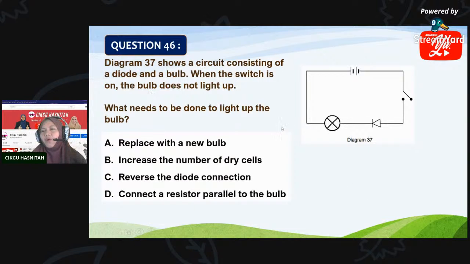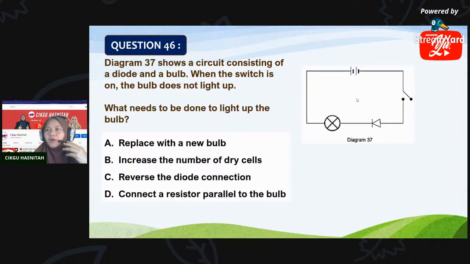Before we go to the options of answer, let us study this circuit 37. Now the switch is in open position. Open means switch off, so no current flows. When you close this switch, the circuit is closed.